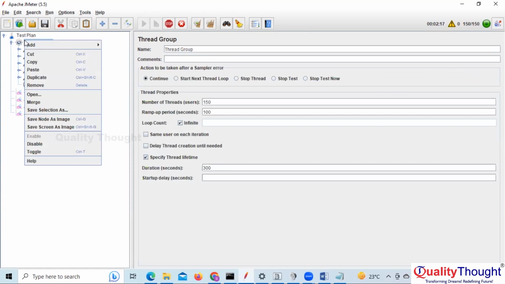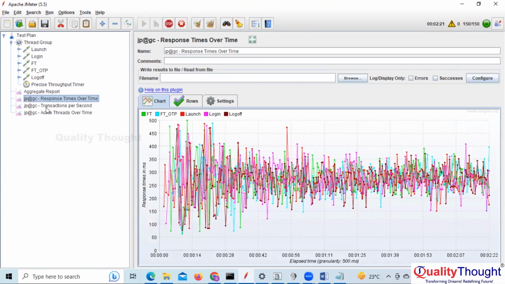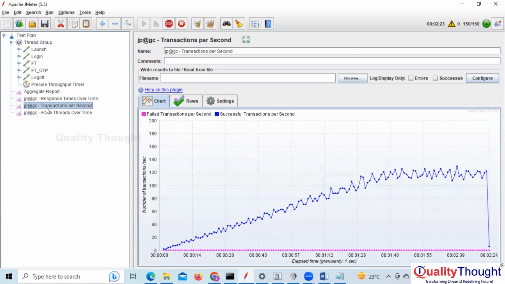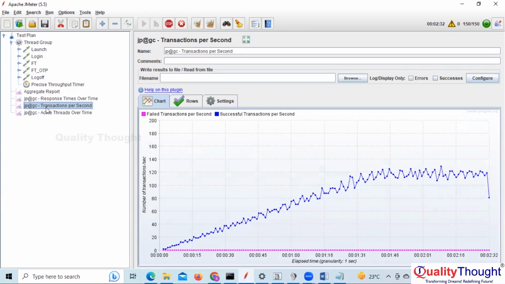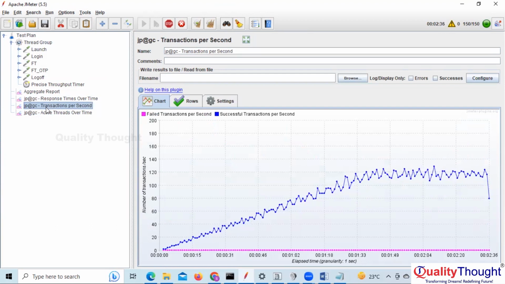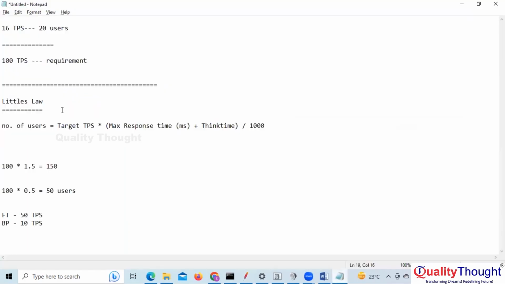One question. Sorry. Yes. When you calculated for all the transactions, you considered think time of only 1 second, right? Correct. But now, because we are looking at the transaction time for all the transactions, which is 500 milliseconds.